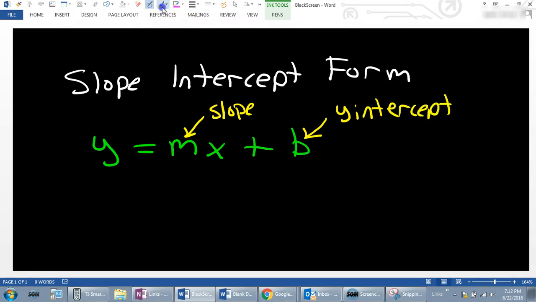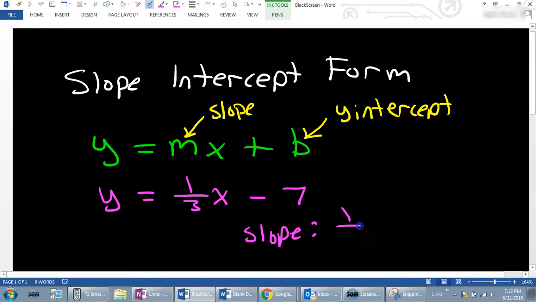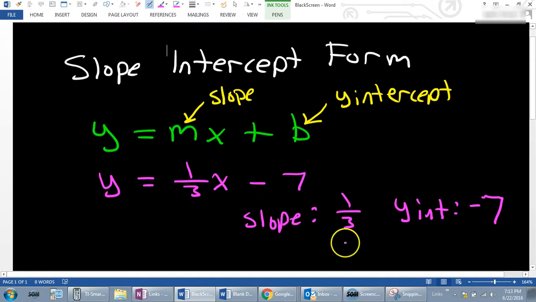So for example, if you had an equation like y equals 1/3 x minus 7, the slope is 1/3 and the y-intercept is -7. Okay, got it?